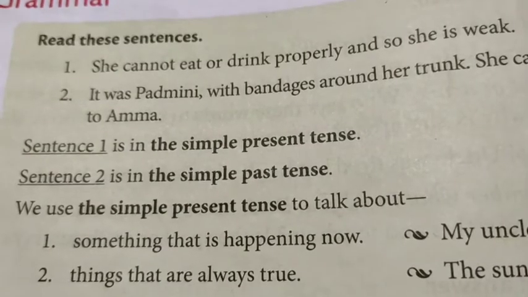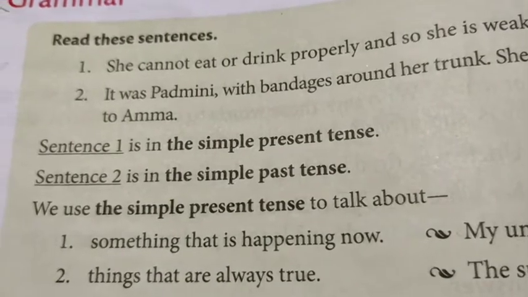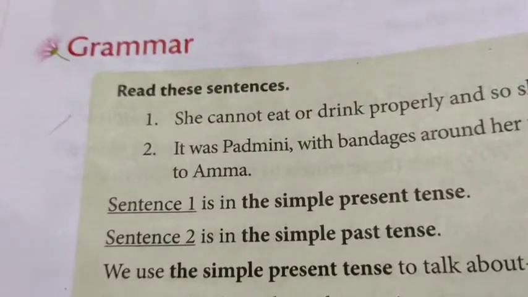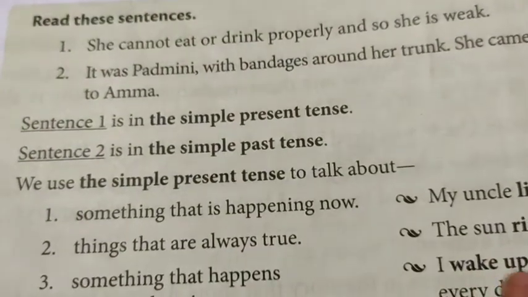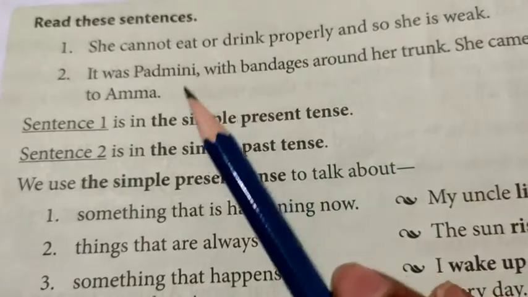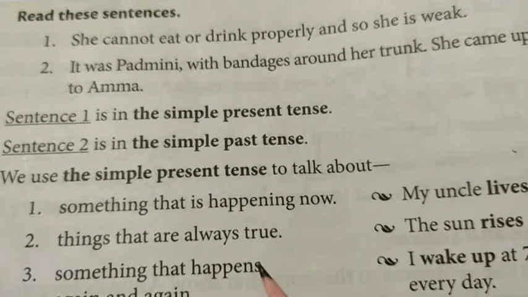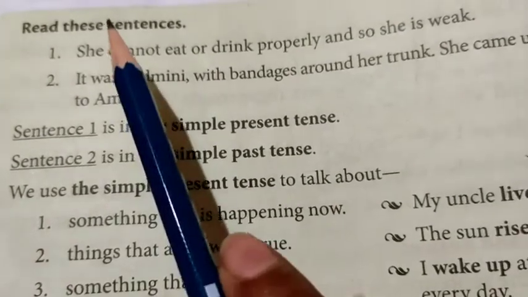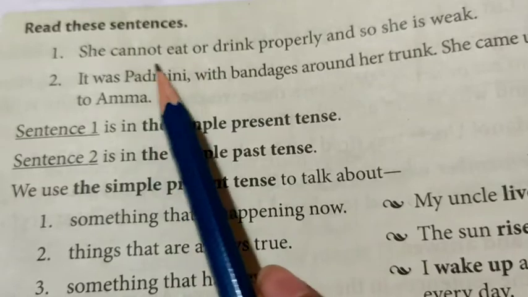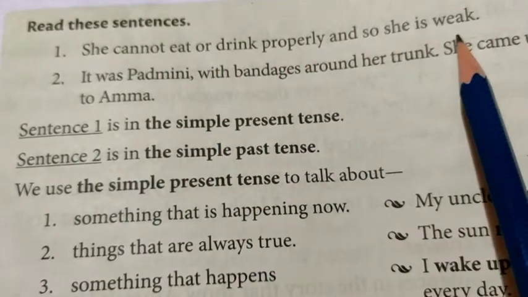Children, take your textbook and open page number 68. Grammar part. Read this sentence. Now, we already explained it very well, so no need to explain all this. You just read it. Read these sentences. She cannot eat or drink properly and so she is weak.